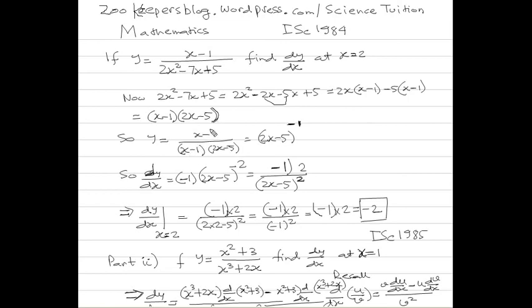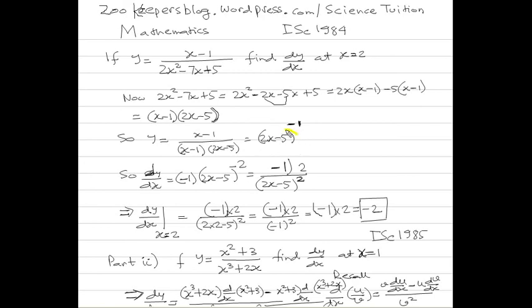Now we see that x minus 1 can cancel out, and it is 2x minus 5 to the power minus 1. So dy by dx is minus 1 into the same thing. If this is z, so z to the power minus 1 is minus 1 z to the power minus 2.